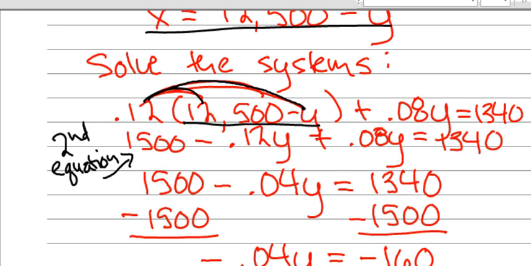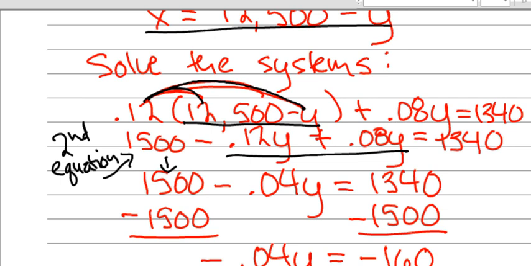So I'm going to combine like terms. I'm going to put the negative 0.12Y together with the positive 0.08Y. And I'm going to bring the 1,500 down. So I've got 1,500 minus 0.04Y equals 1,340.